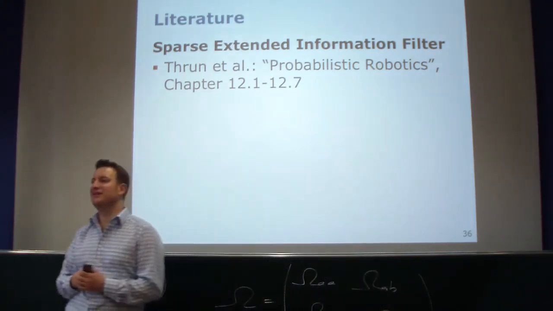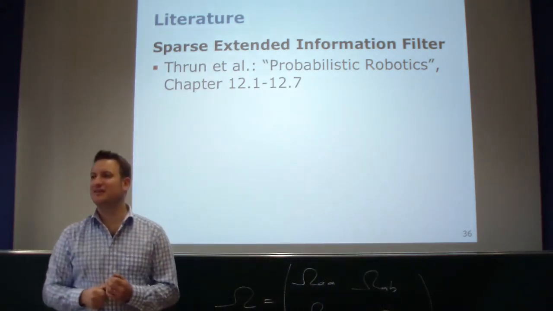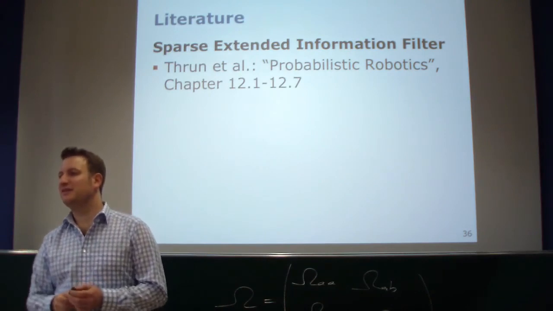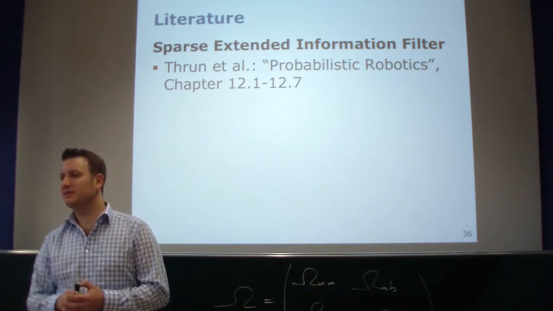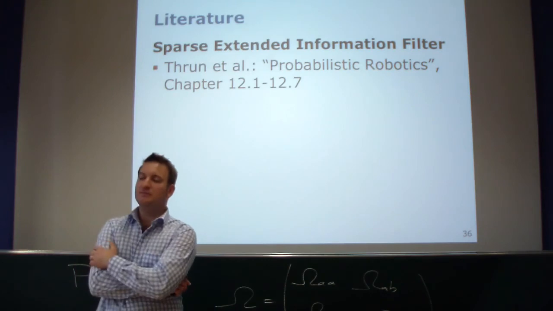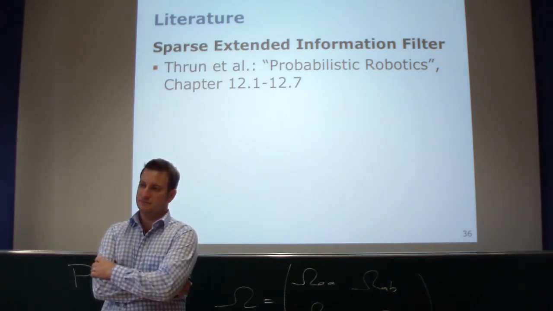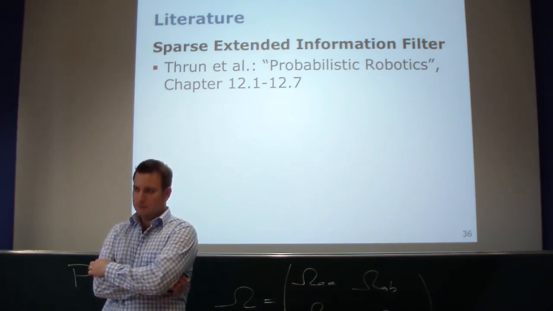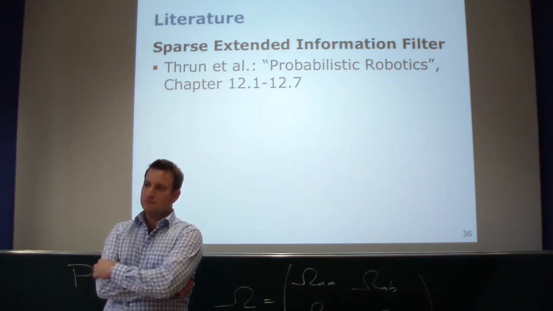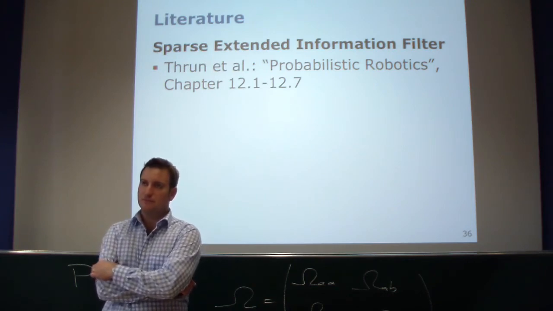Yes, please. One question about the application. Could you say, okay, I want to create a map, and maybe with the EKF I would have more exact estimates, but with this sparse filter I can just use more landmarks and actually get a better map?